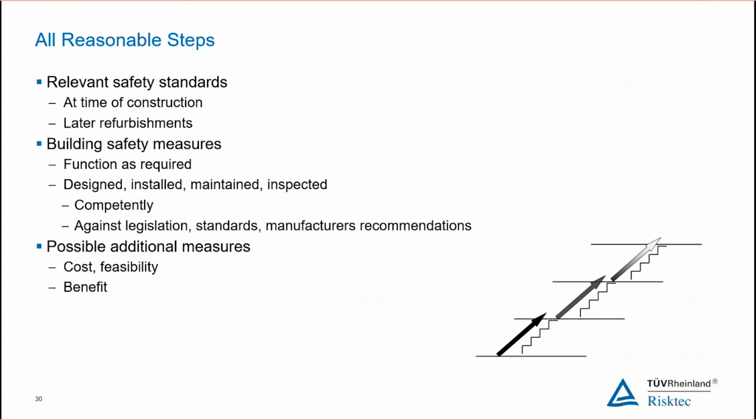I tend to think of this as a series of hurdles to cross, or staircases to climb. The first step is to make sure that everything we are relying on is in place with regard to the relevant safety standards, legislation, codes, etc. If it is not, then we have to do something about that, or make a very strong argument as to why we are deviating from that, and these things will change.